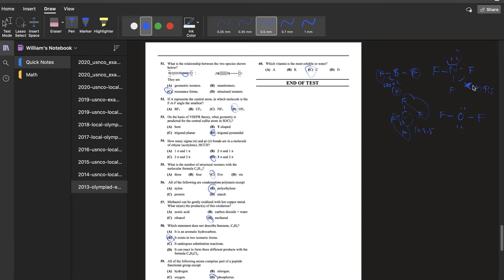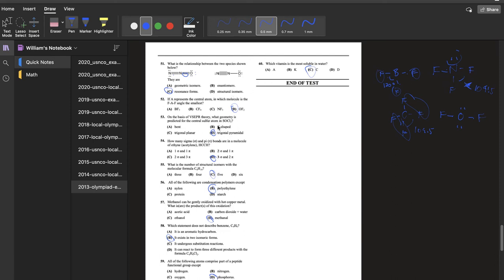So that's why it's a little bit less than 109.5, because you're squishing the F's together a little bit. Here, same deal. It's four electron domains, but you have 2 lone pairs this time, so it's going to get squished even more. So it's even less than 109.5. So that's why we choose F. Did I say F? Okay, I meant D.